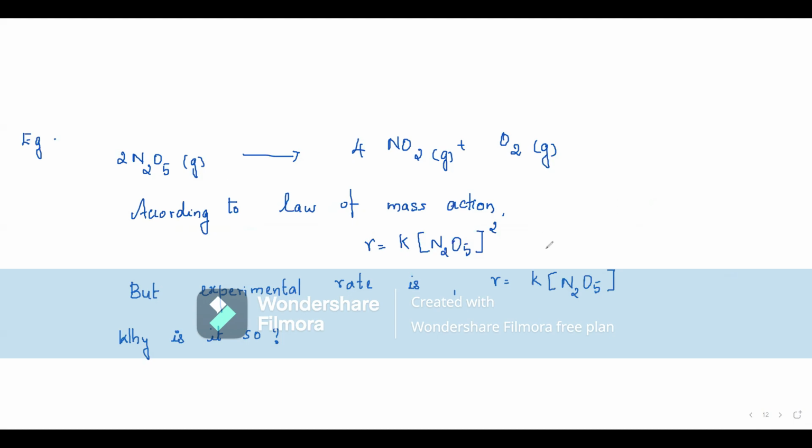According to the law of mass action, this has to be the rate: R is equal to K into [N2O5] to the power of 2. But experiments have proved that the rate is equal to K into [N2O5] to the power of 1. Why is it so?